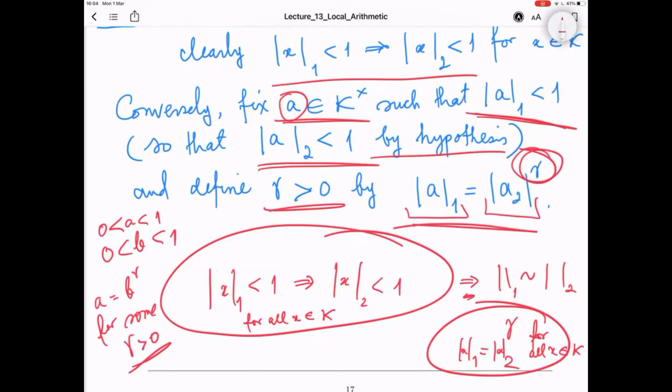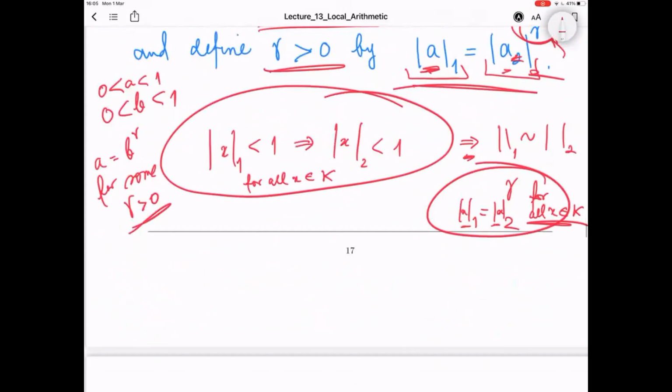So that's what I've done. I've fixed an element A, and for that I've defined the gamma. Now we will prove that the same gamma works not just for this A, but for any x, and that will show that these two norms are equivalent.